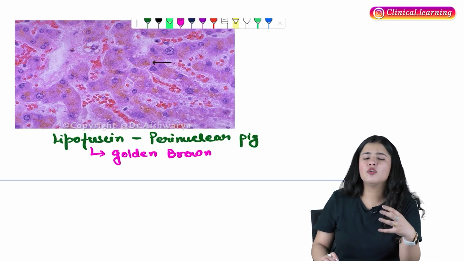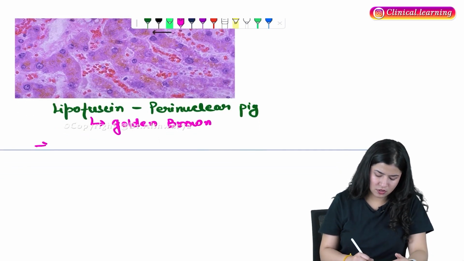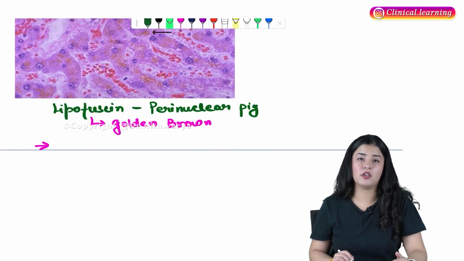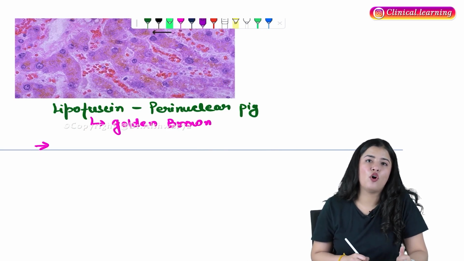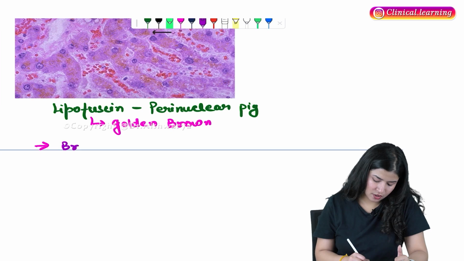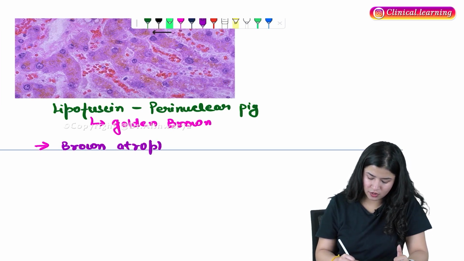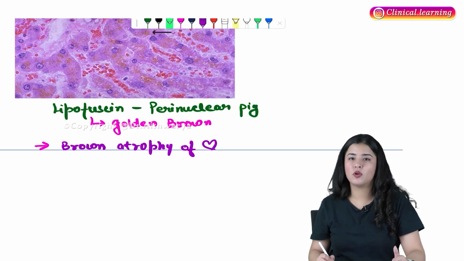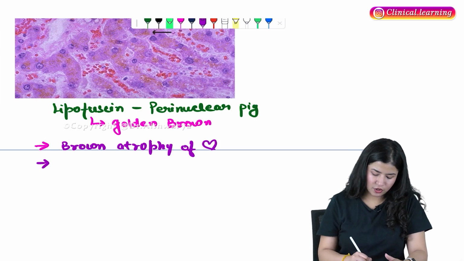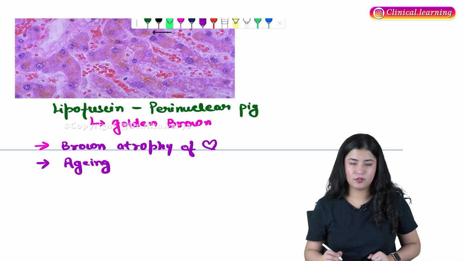Okay, now where are you going to find this lipofuscin pigment deposition? So the first example you have to remember is brown atrophy of heart. What is that? Brown atrophy of heart. Okay. Second, in aging you can also find this pigment deposition.